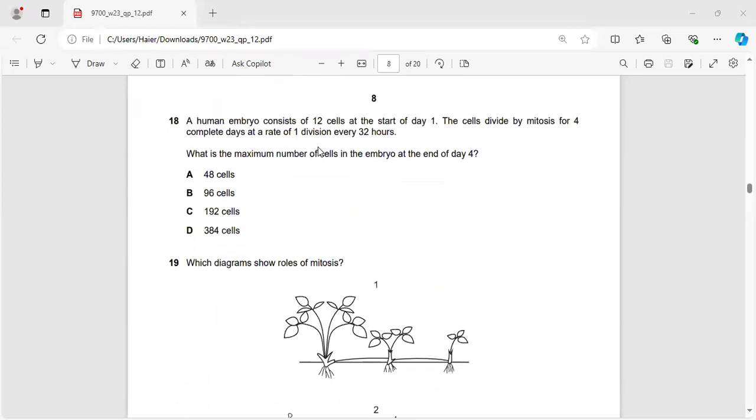Question number 18. A human embryo consists of 12 cells at the start of day 1.